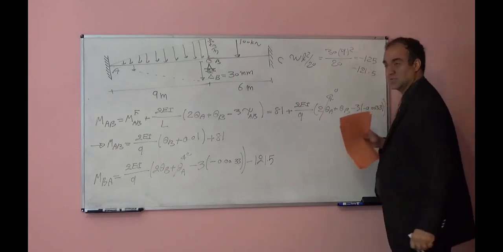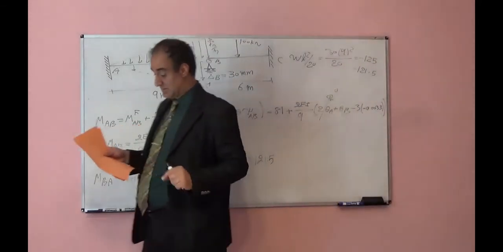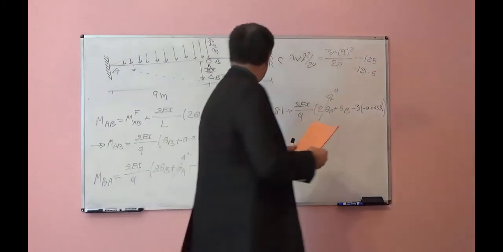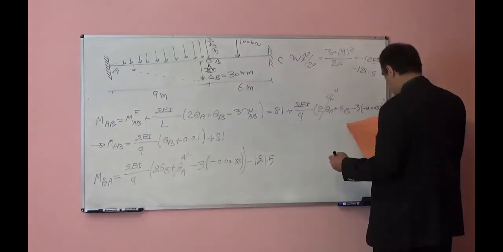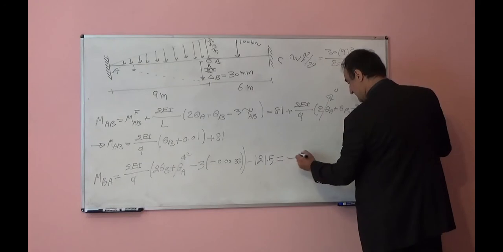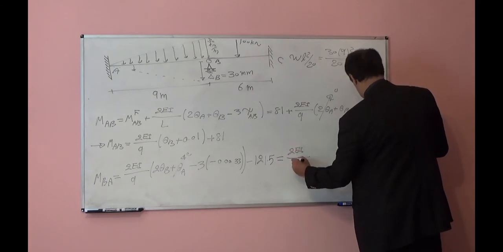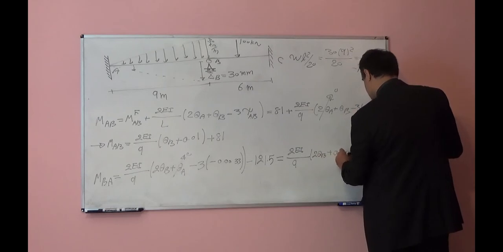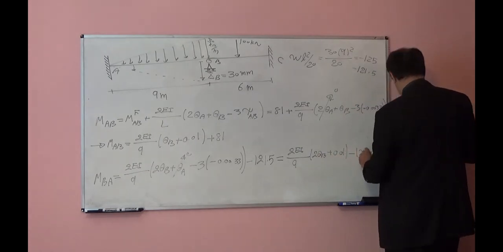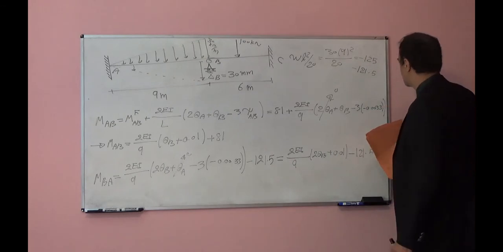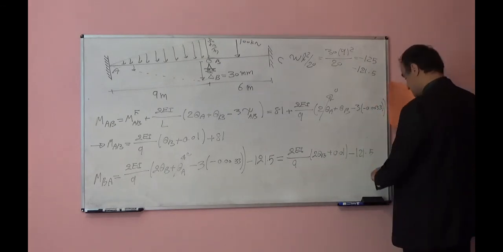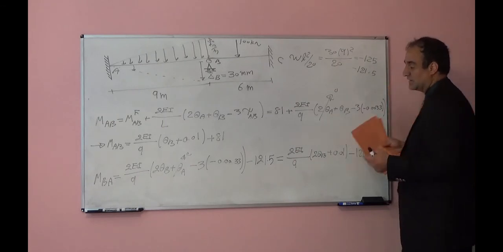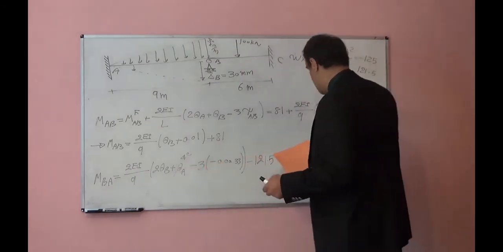One of them should be wrong, I made a mistake, so you can correct that one. Anyway, from here I can write, if I simplify, 2EI over 9 times 2 theta B plus 0.01 minus 121.5 or 125. I don't know which one is right; the final answer should be right. Again theta A is equal to 0, so we will cancel that.